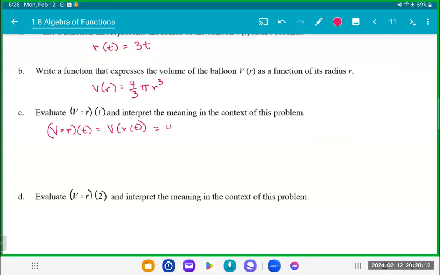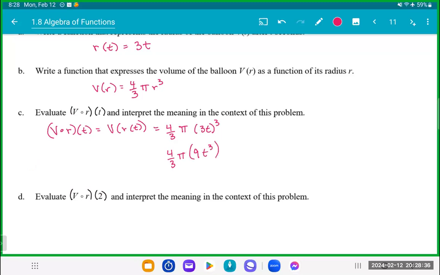And that is 4/3 pi. My r is 3t, and then that's cubed. So this is going to be 4/3 pi r cubed. So 3 cubed is 9, and t cubed is t cubed.